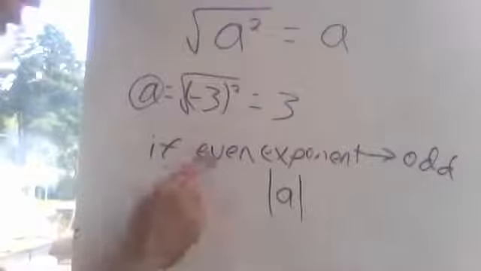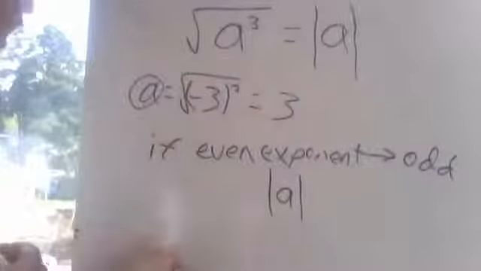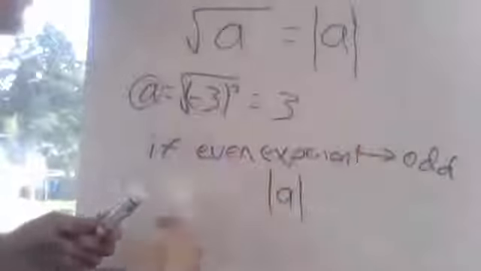Okay? So if it starts off as an even exponent, in this case squared, going to a to the first, then you have to use absolute value symbols. Now if it's an odd exponent going to an odd, that's totally fine. If it's an even going to an even, that also works fine.